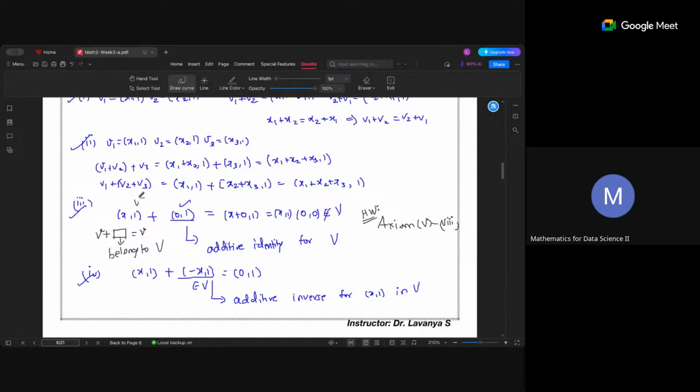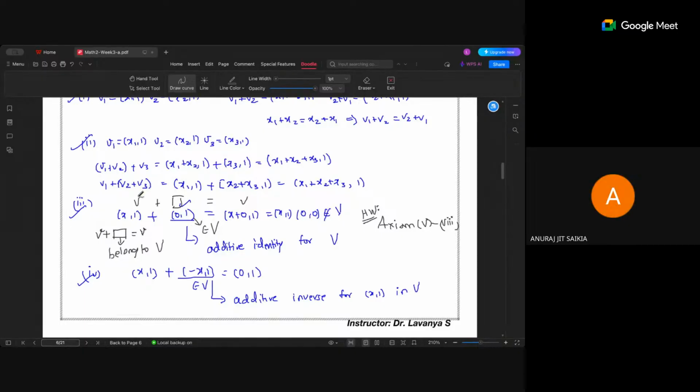So here I see that V plus 0 is equal to V. Or if 0 is confusing, let's say something. V plus this is equal to V. And this also belongs to my capital V. So this is called the additive identity for V.